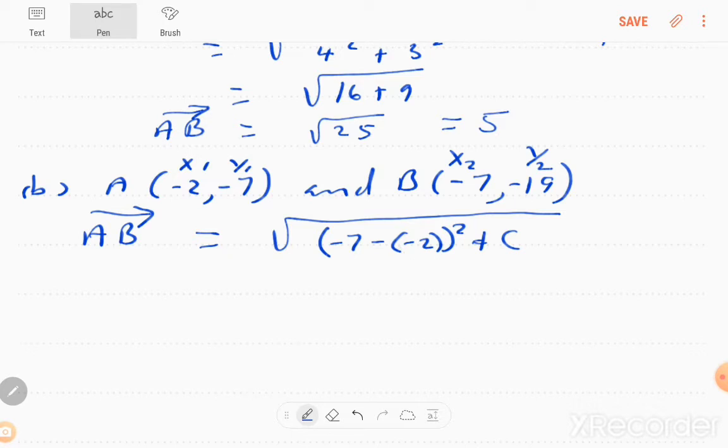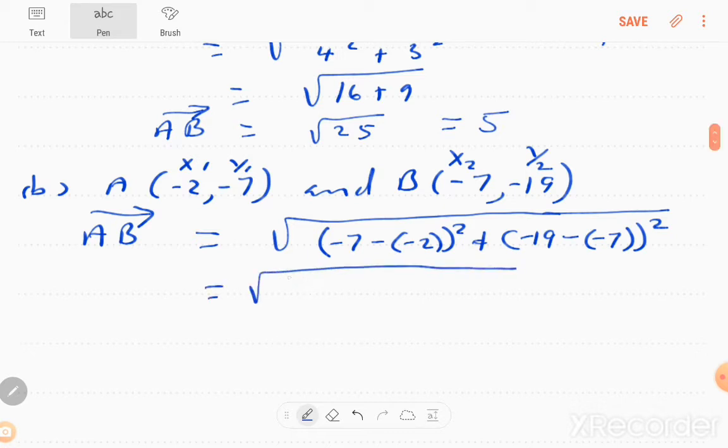And here, minus 19, the value itself again has a negative, squared. So here we would actually have (-7 plus 2) squared plus (-19 plus 7) squared.